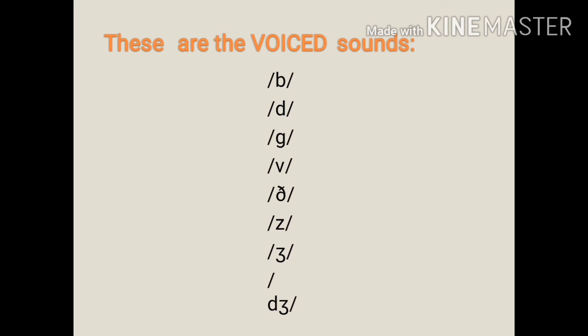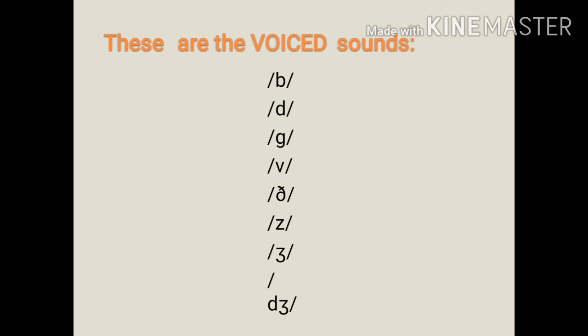It means that whenever you try to pronounce the particular sound, and at that time while pronouncing it your throat vibrates, such kind of sounds are called voiced sounds. For example, when you pronounce b, d, g, v, th, z, j, zh, at that time your throat vibrates.